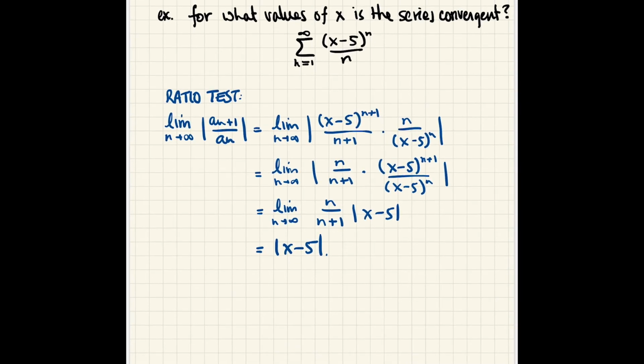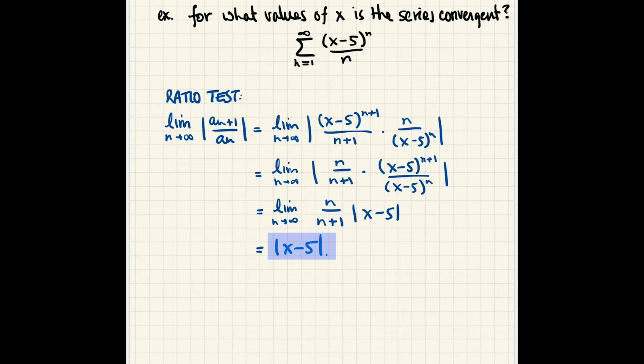Now, remember, we're looking for what values of x make the series convergent. So the way we determine the values of x for which the series is convergent is by kind of assuming that the ratio test is successful, meaning we're going to assume that this result here, which is the result of the limit of the ratio test, is going to be less than 1.